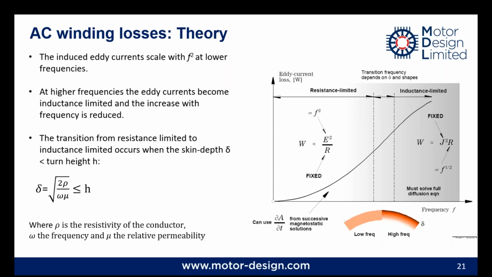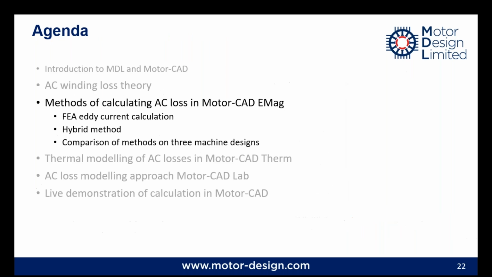As the frequency becomes higher and the eddy currents become larger, these become inductance limited, and the increase with frequency flattens off a bit, and that relationship to frequency squared changes. This transition tends to occur when the skin depth becomes smaller than the turn height.